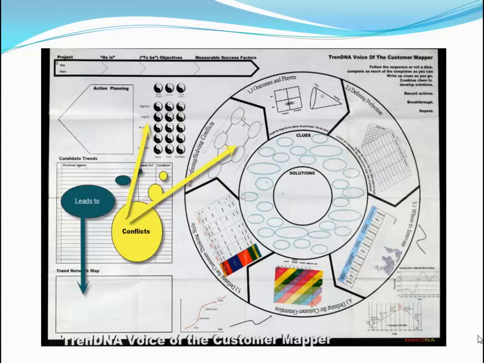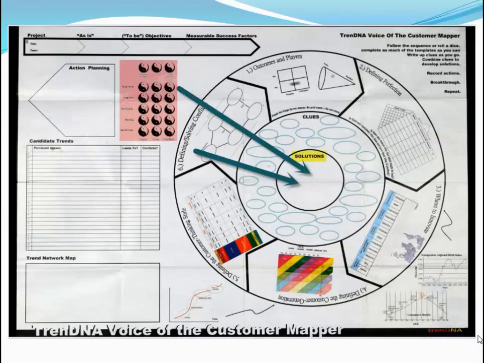These techniques may be called the real engine of TrendSpeak. The contradiction resolution activity converts clues and trends into some possible solutions. The accepted solutions are then moved to the action planning zone.